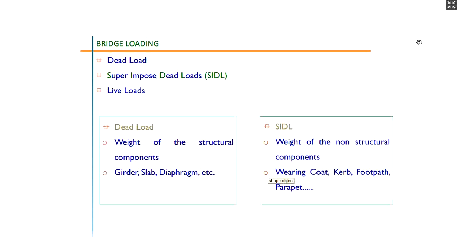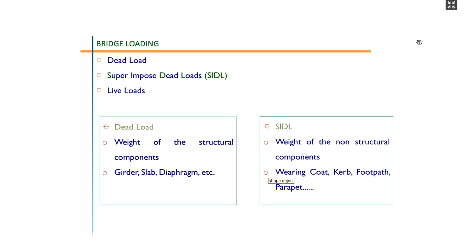Suppose if you say earthquake load requirement, then we know that IS 1893 provides the provision. If you consider the wind load, then IS 875 part 3 gives the requirement of the wind load calculation. Similarly other types of load. But for this study, the important thing is the live load, because how to calculate the other types of load is already known to you.